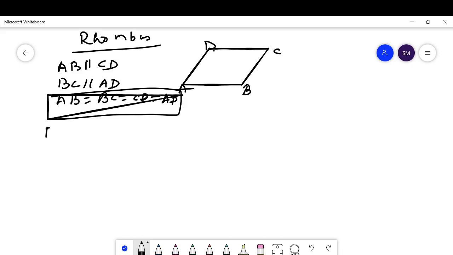Then next, rectangles. What is a rectangle? A rectangle is a type of parallelogram in which all four angles are right angles.